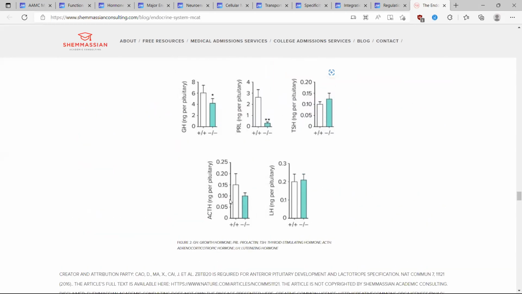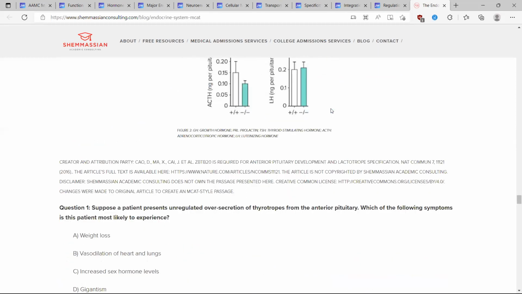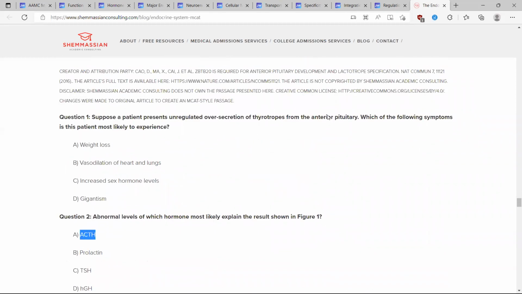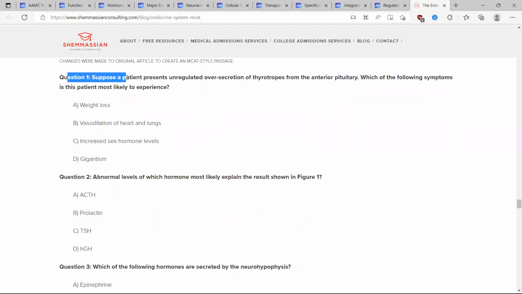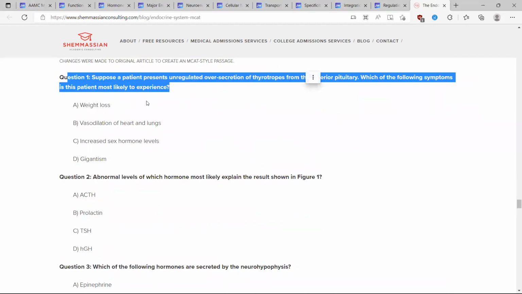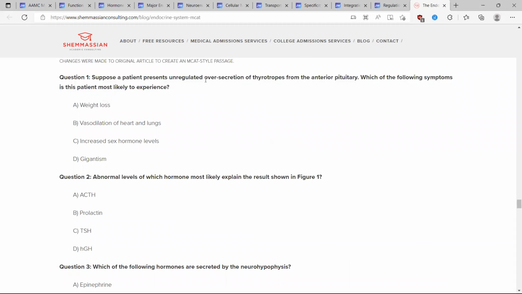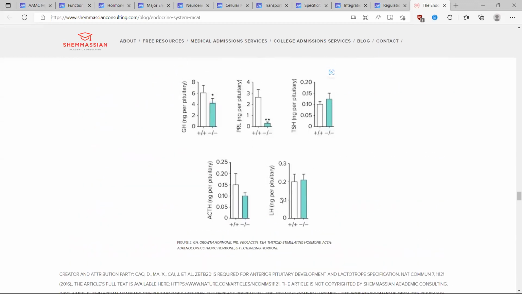And then that actually showed me that there's no difference in the cortisol, but it showed me that the TSH also had no difference, right? So I think this was a little tricky because question 1 tells you that you would have weight loss if you had oversecretion of TSH, right? But question 1 is a hypothetical question. Suppose a patient, right? In actuality, in this experiment, they did not have a high amount of TSH.